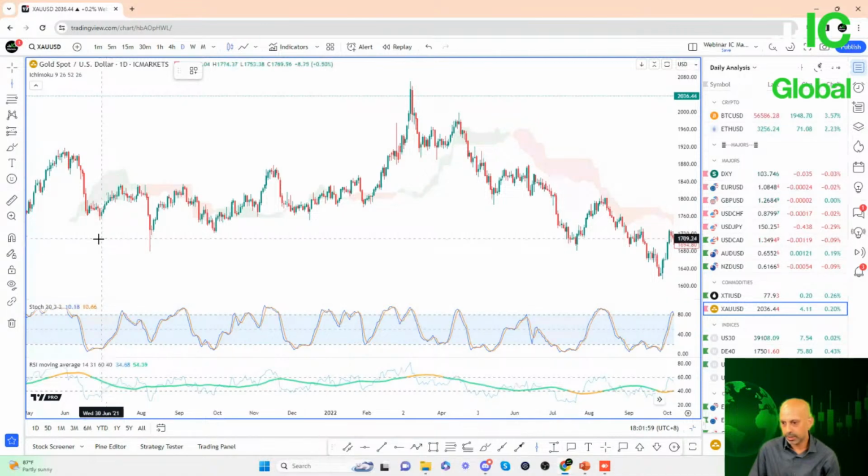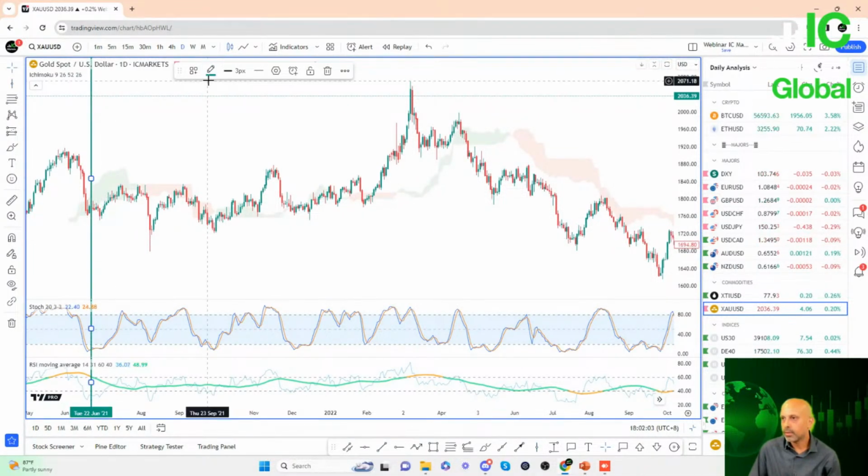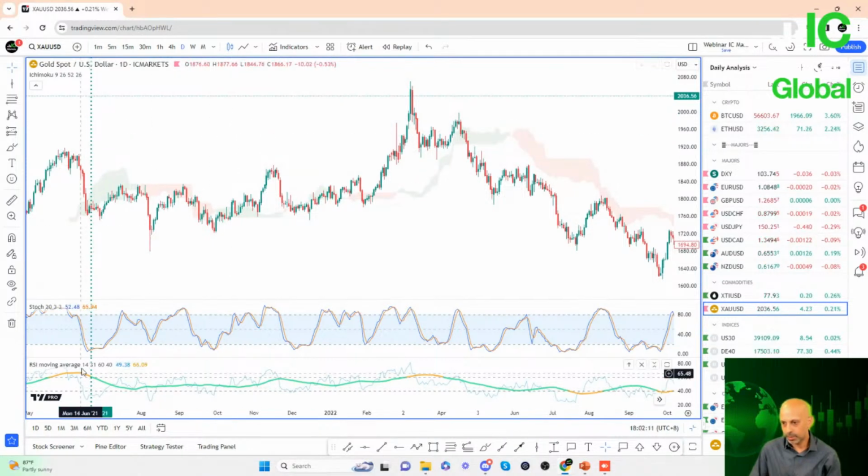So typically, when we see periods like this, when the stochastic oscillator and RSI indicate very strong oversold conditions, right, we should be looking at potentially identifying a bullish reversal here, right?